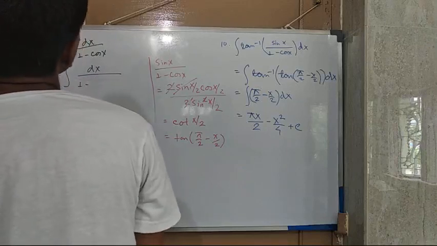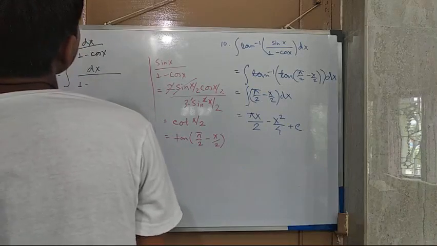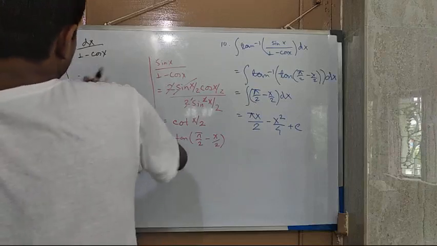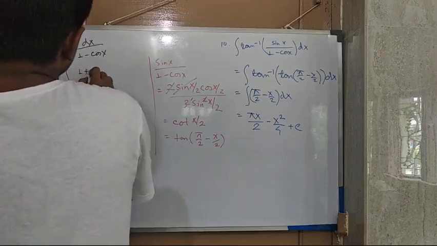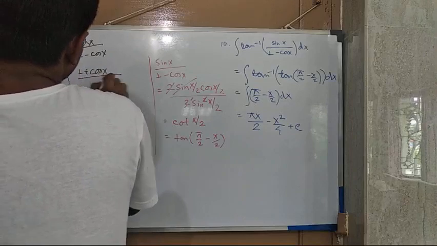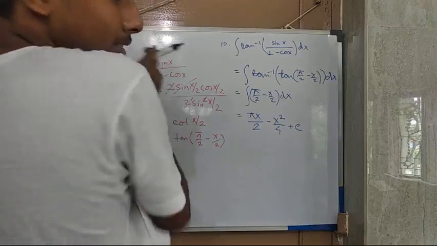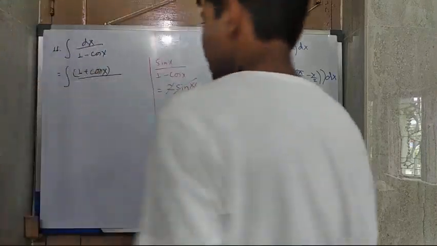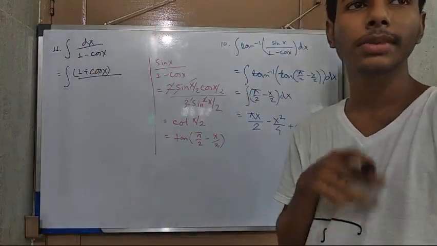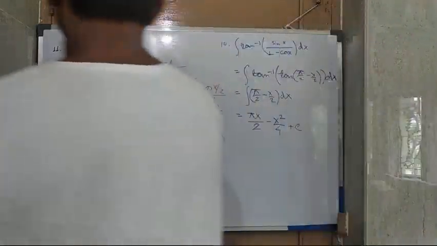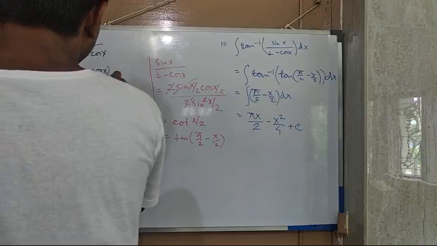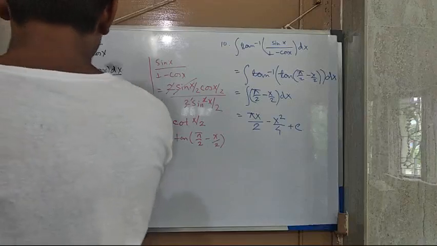Can we do it in any other manner? I hope so. Multiply by 1 plus cos x divided by 1 plus cos x. Then the denominator is 1 plus cos x times 1 minus cos x, which is 1 minus cos squared x, so that becomes sine squared x. Let's write it as over sine squared x dx and then split them up.